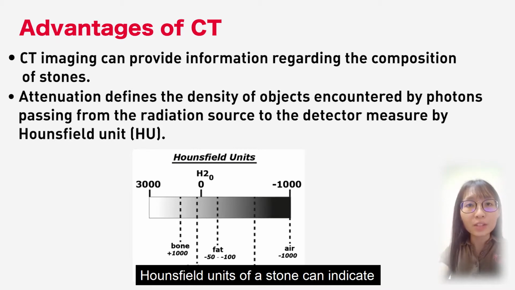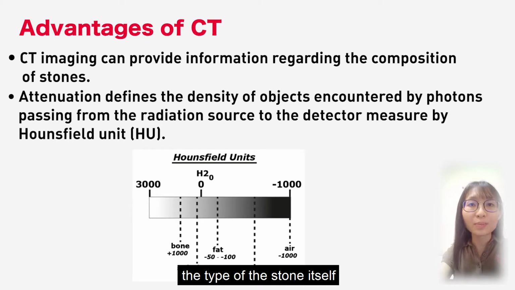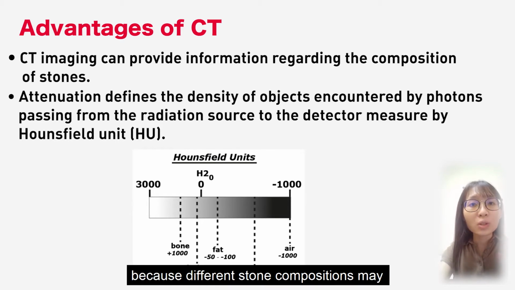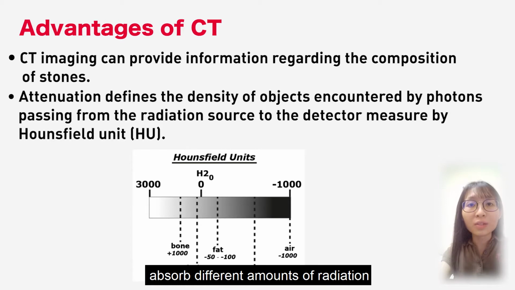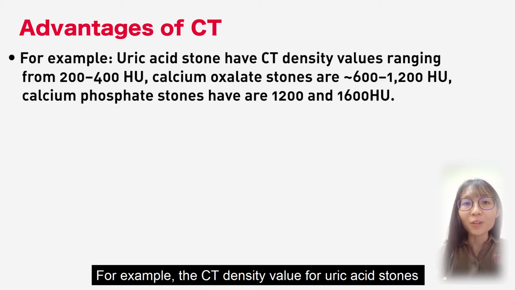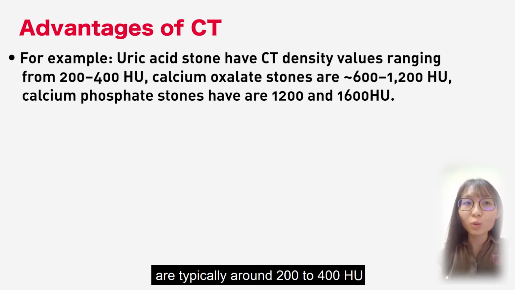The HU of a stone can indicate the type of stone itself, because different stone compositions absorb different amounts of radiation. For example, the CT density value for uric acid stones is typically around 200 to 400 HU.